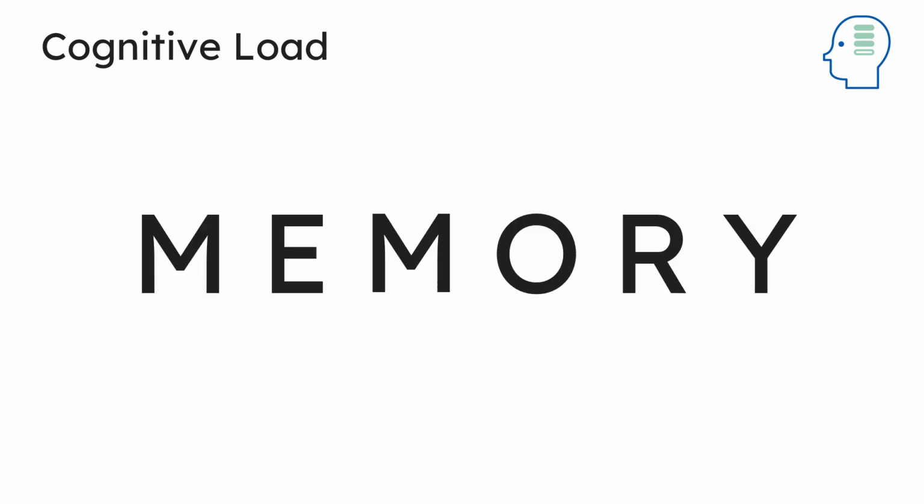M, E, M, O, R, Y. All right, some of you probably figured it out. That was much easier to remember this time, wasn't it? I put them in sequence, and halfway through the word, maybe a little bit further, you could realize that I was giving the letters of the word memory.